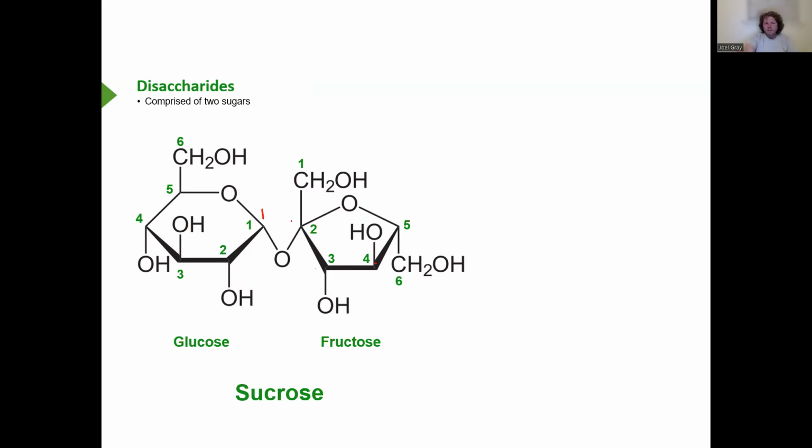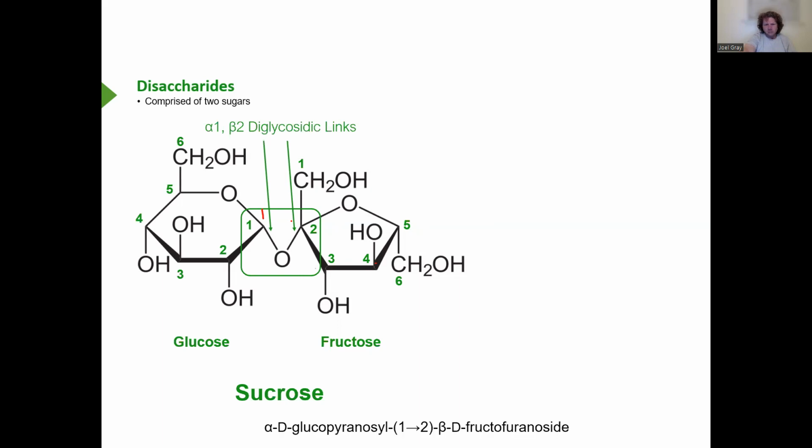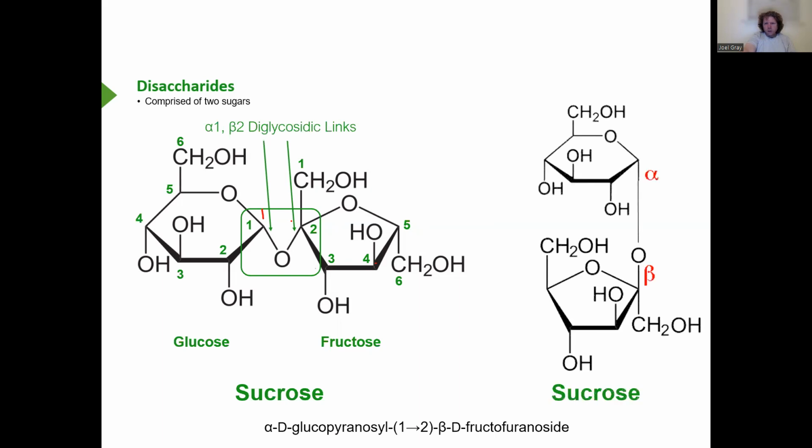So what we have is those two anomeric carbons reacting with one another. This is an alpha 1 beta 2 glycosidic linkage. Sucrose, what we have displayed here, is we have our glucose monomer, carbon number 1, and carbon number 2 on our fructose there.